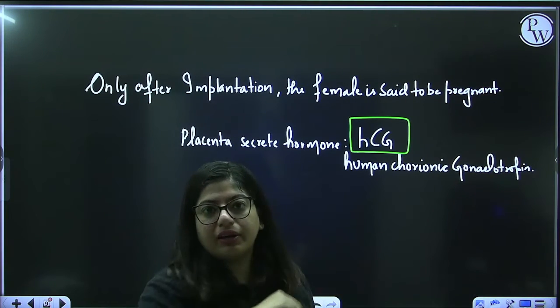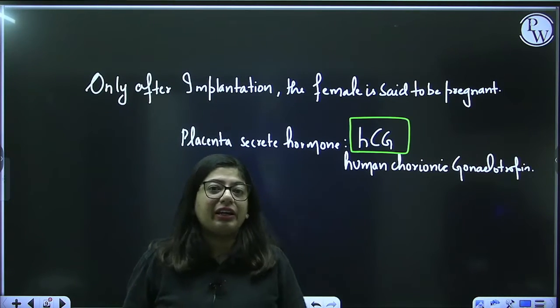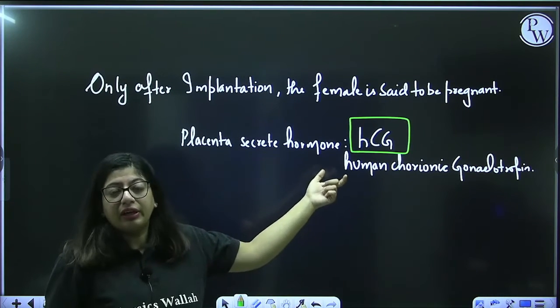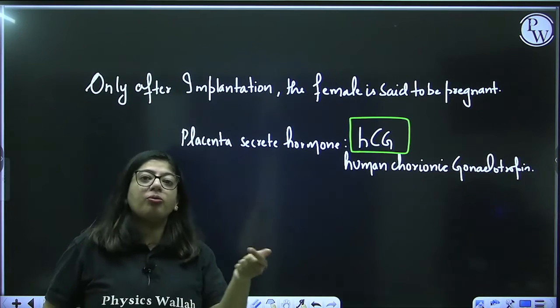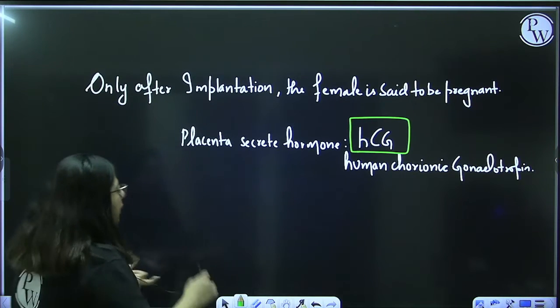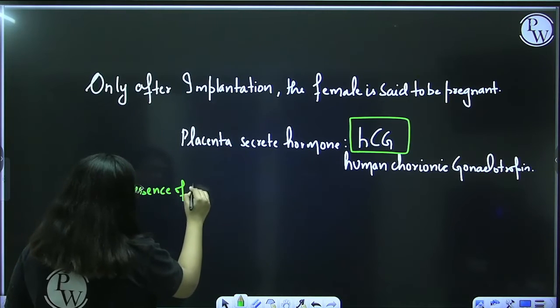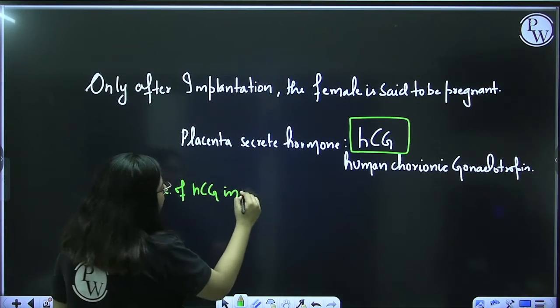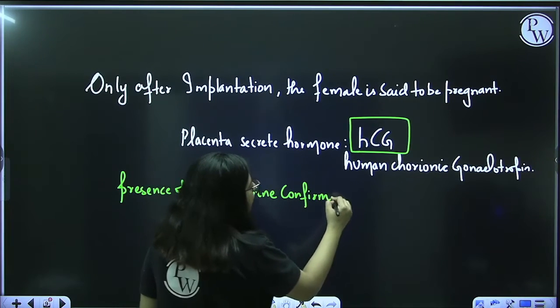There is no implantation, so you will not call her pregnant. So a female is only pregnant if she has HCG in her body, and that HCG from blood will go into the urine, and from urine that stick will detect the presence of HCG. So presence of HCG in urine confirms pregnancy.